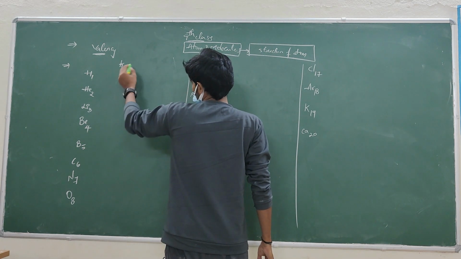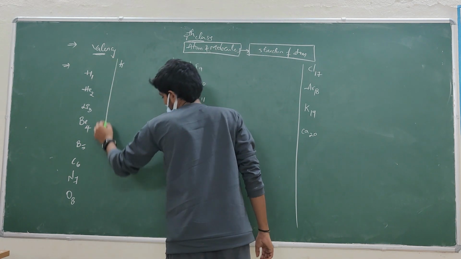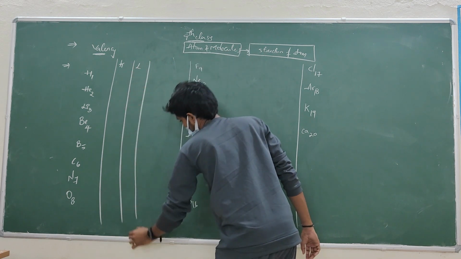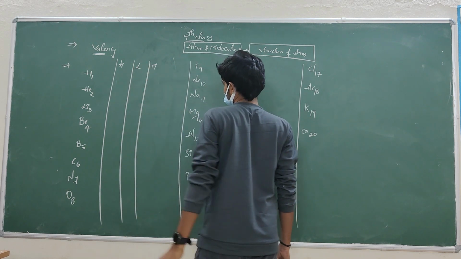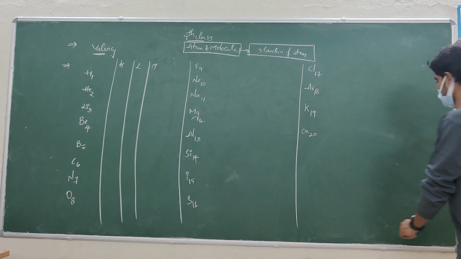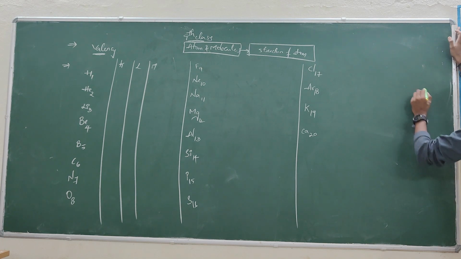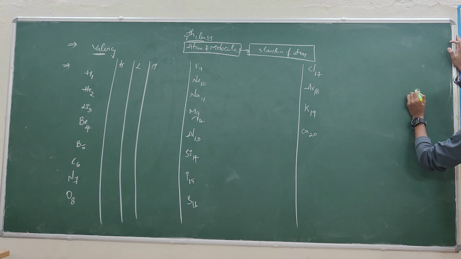Coming here, we need to learn about the K shell, L shell, and if required the M shell, right? Firstly, let me tell you something. If you look into the atomic structure, as Bohr said, at the center there are heavier particles situated at the center of the atom.